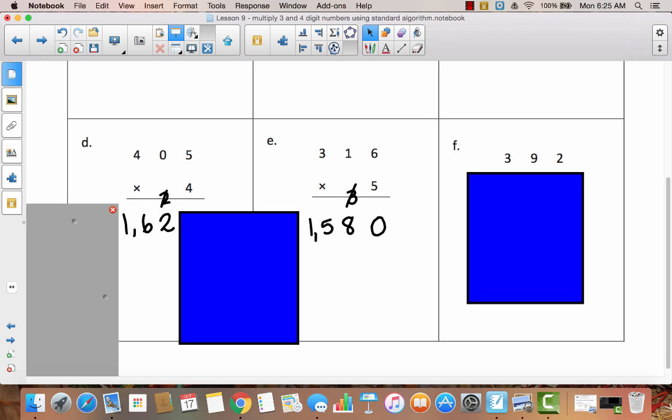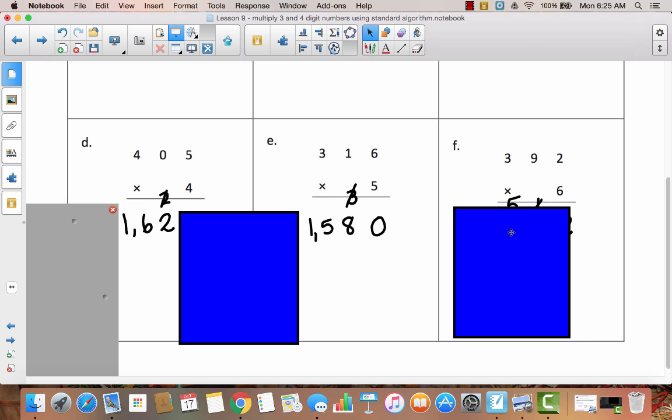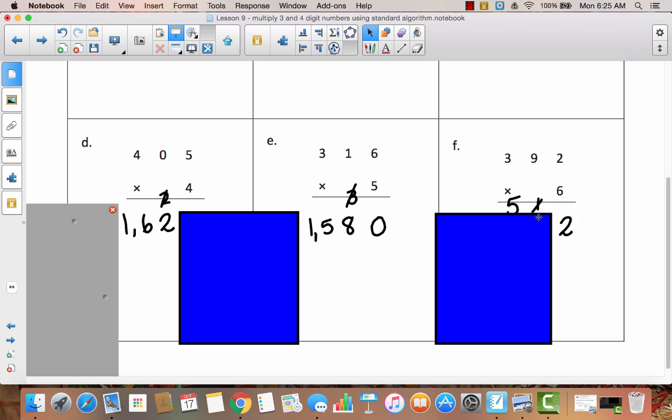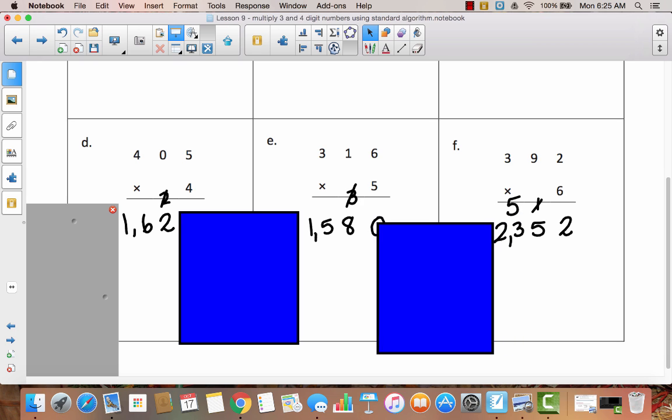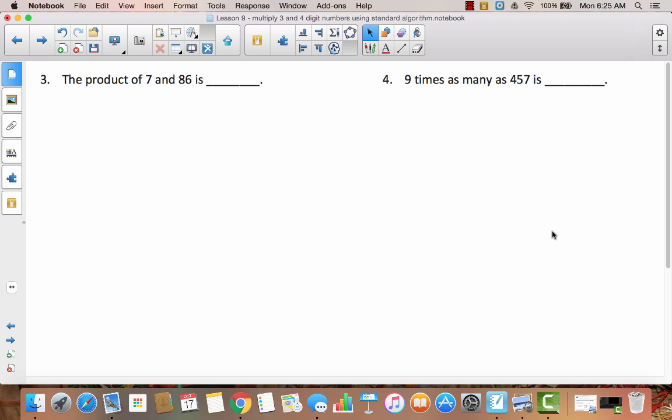All right, let's take a look at F. Now I have 2 ones times 6, which gives me 12 ones. 9 tens times 6, which is 54 tens, plus 1 gives me 55 tens. And then 3 hundredths times 6 gives me 18 hundredths, plus 5 gave me 23 hundredths. So I have 2,352.